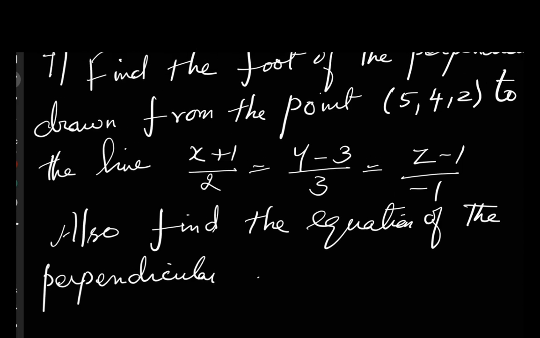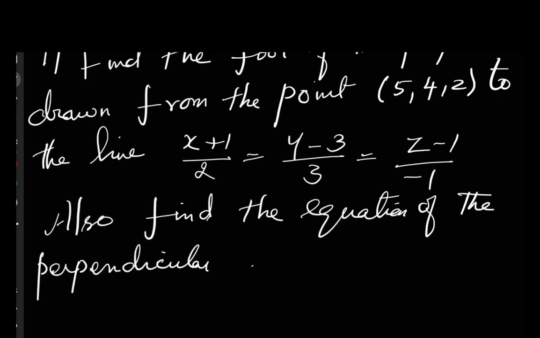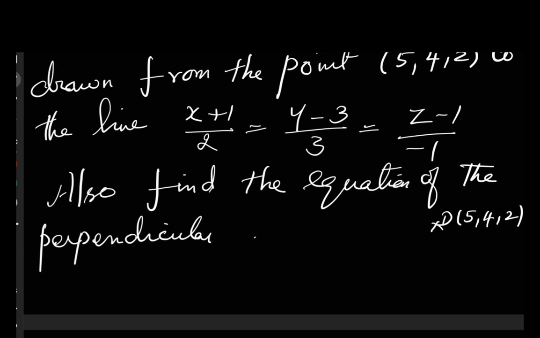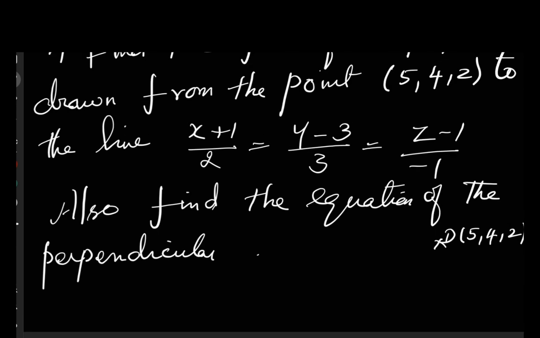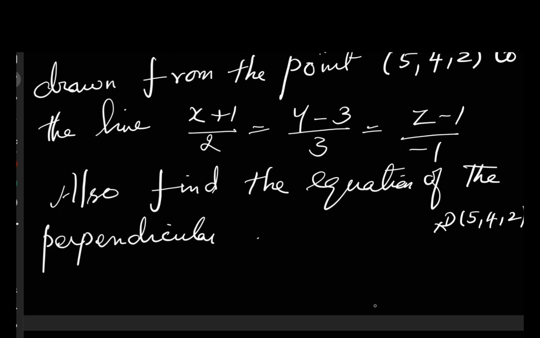Let me take the given point as D, with coordinates 5, 4, 2. From this point I draw a perpendicular to the line. This is our given line: (x plus 1) by 2 is equal to (y minus 3) by 3 is equal to (z minus 1) by minus 1.